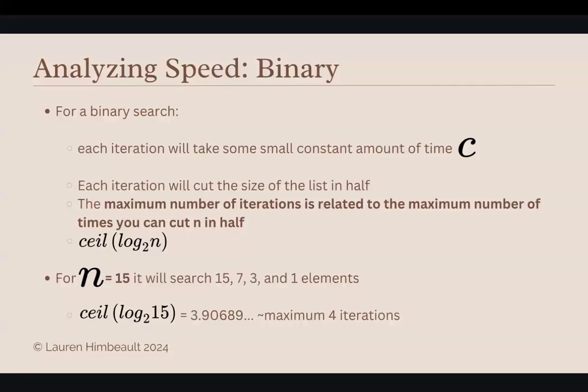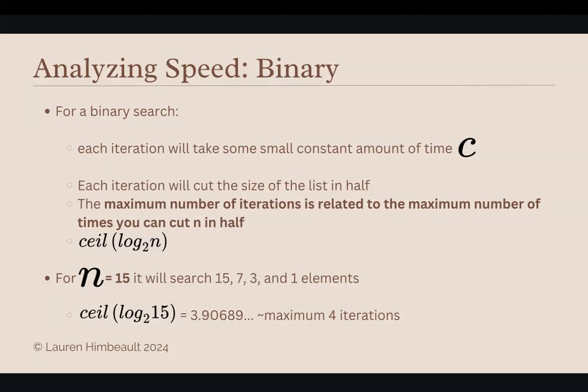So for n of 15, for example, first we would search all 15 elements and cut it in the middle. Then we'd end up with 7 or 8 elements, depending on what side we ended up on. We cut it in the middle: 3 or 4 elements. Cut it in the middle: 1 or 2 elements. Cut in the middle, we'd be done. So the ceiling of log base 2 of 15 is about 3.9 and some change.